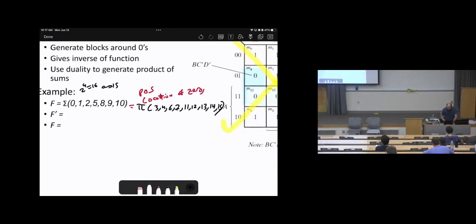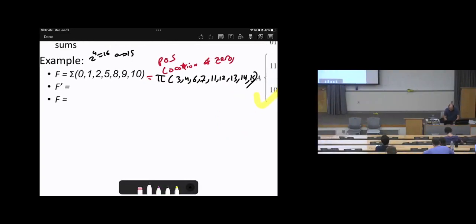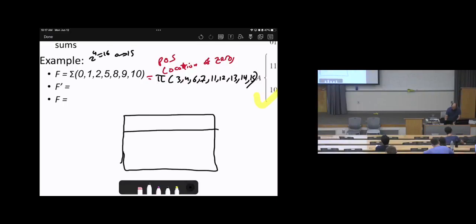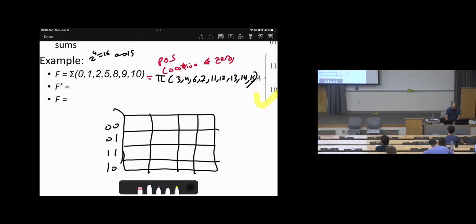Now let's do Karnaugh maps, the same as usual. Let me draw it. Four rows, 4 columns. 0, 0, 0, 1, 1, 1, 1, 0. Remember, it's like a Gray code. So here is CD, here is AB.